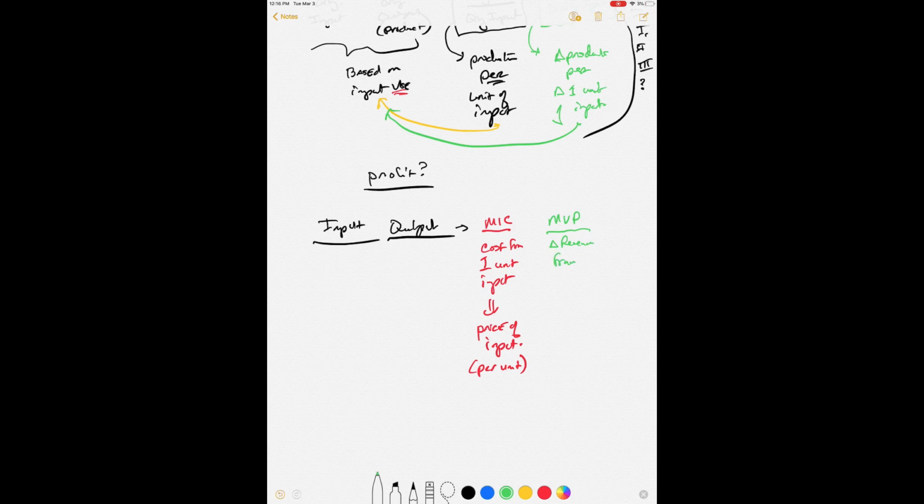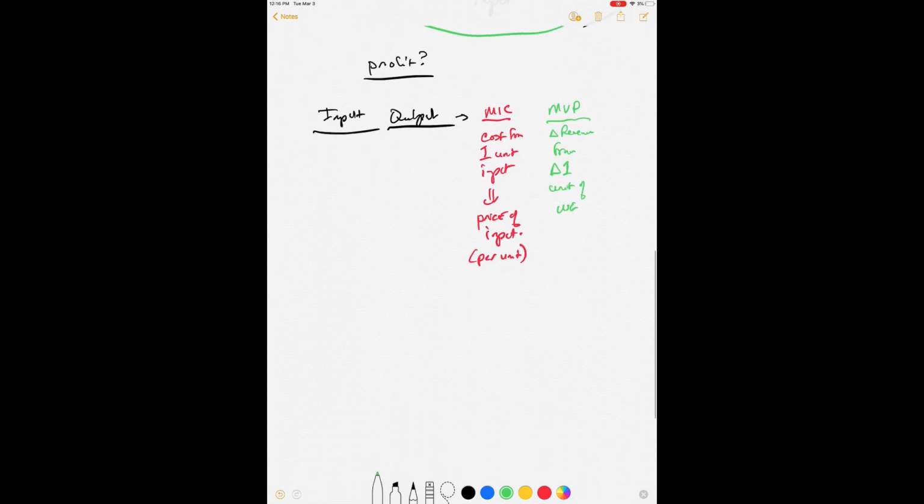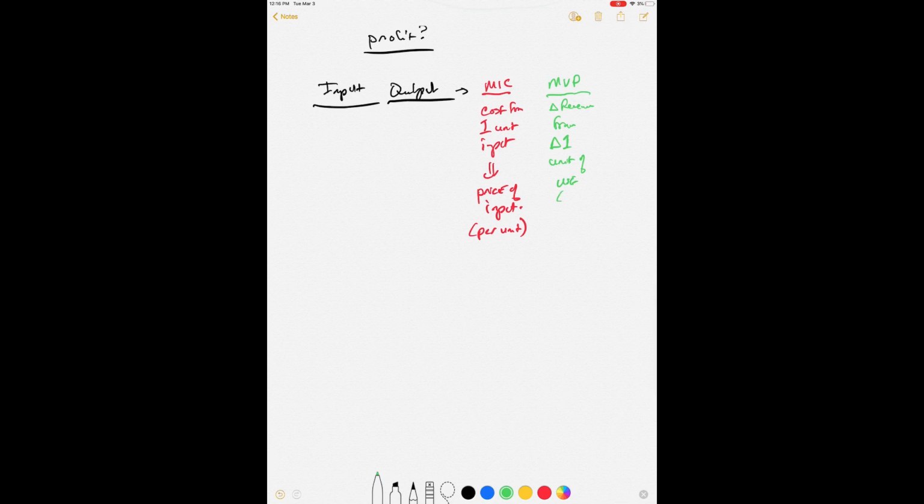Now, marginal value is the revenue change. So I'm looking at the product now, but it's the change in production per the 1 unit of input. But I'm looking at the value now. So MVP is the marginal physical product from above, the change times what the product's worth, and that gives us its value.